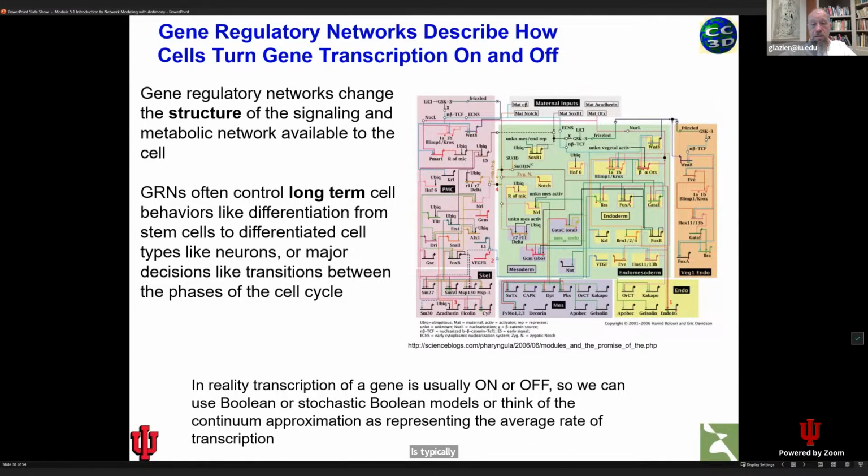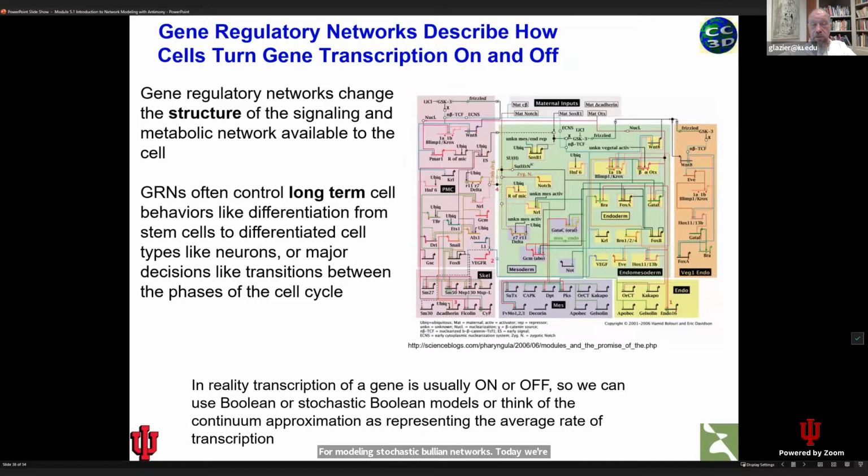And so this is a case where Boolean models or stochastic Boolean models are quite useful. And I hope that TJ will teach you how to use MaBoSS, which is a tool inside which CompuCell works with for modeling stochastic Boolean networks.